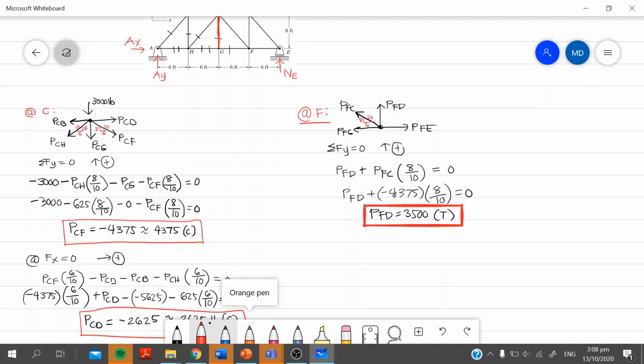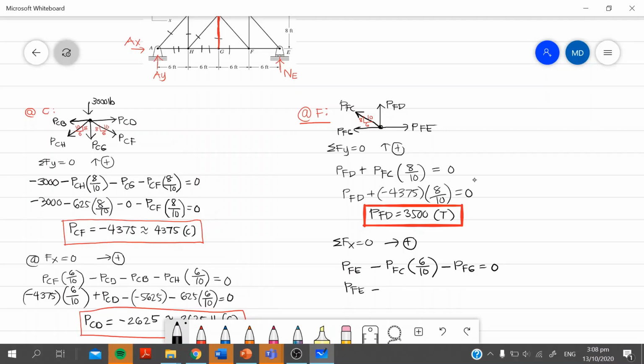Okay, now let's go to sum up forces, horizontal. Say right forces positive. Force FE minus force FC, horizontal component 6 over 10, minus force FG equal to 0. So solve for force FE.